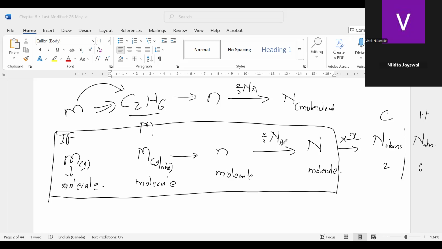If you multiply it by Avogadro's number, you get capital N for the molecule. Then if you need the atoms, you need to multiply. And the reverse is also true. I wrote it down.